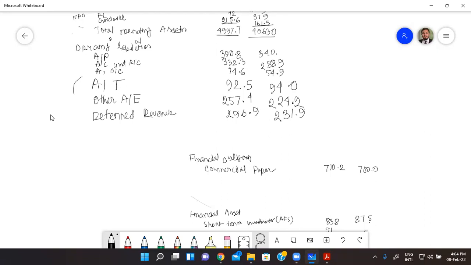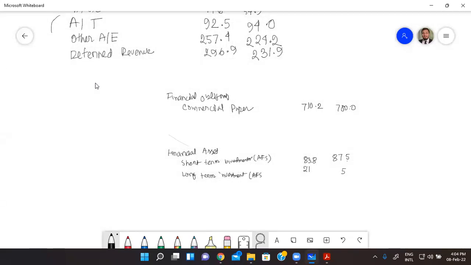Next, other long-term liabilities. It should be here. We have completed up to deferred revenue, but we see the current portion of long-term debt. Our long-term debt is a financial obligation. So we can write the long-term debt here.